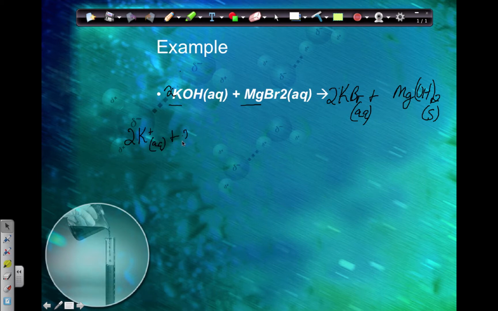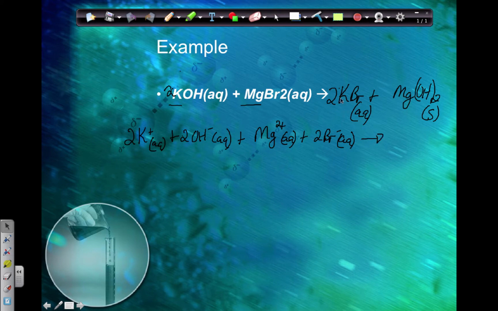And there are 2 hydroxides. All right, so now this is also aqueous, so pull it apart. Magnesium, you've got 1 of those. And bromine, you have 2 bromide ions. Don't forget charges, don't forget to balance. So you've got 2 of those, so you should have 2 here.